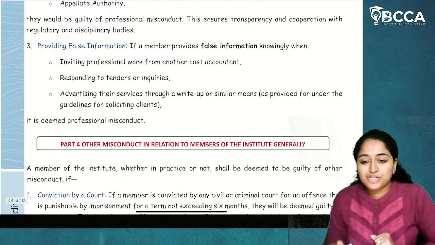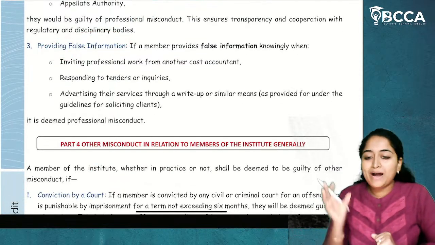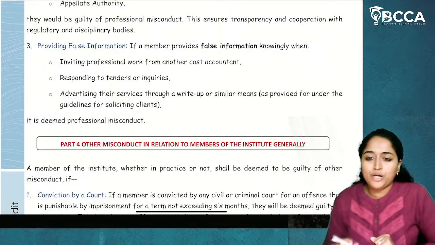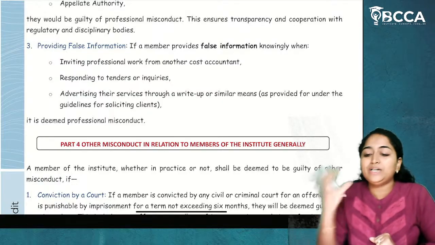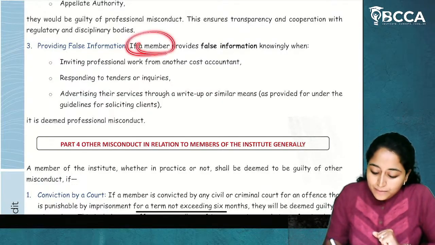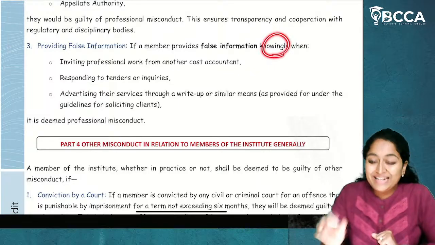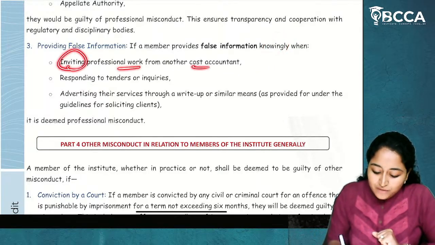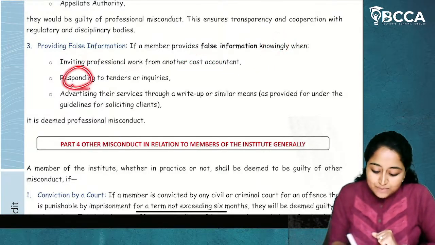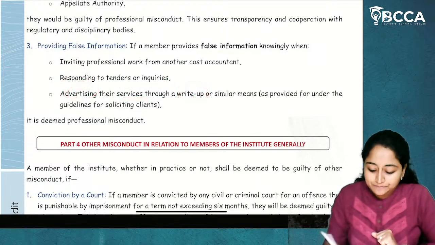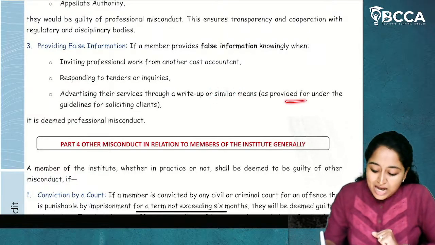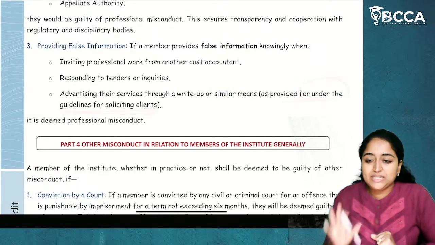Providing false information. If you are in practice or if you are an employee, if someone is asking for information and you willfully provide false information. If a member provides false information knowingly when inviting professional work from another cost accountant, responding to tenders or inquiries, advertising their services through a write-up or similar means as provided for under the guidelines for soliciting clients.